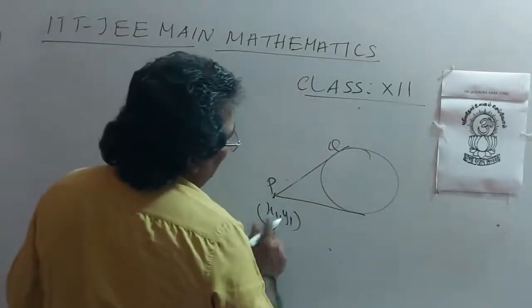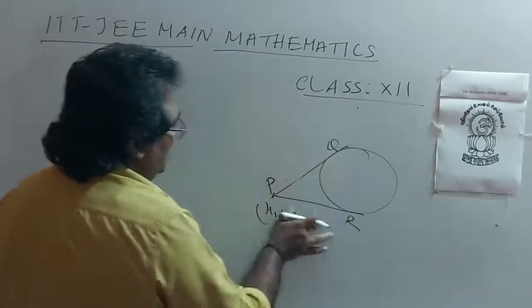From a given point P, two tangents can be drawn, that is PQ and PR.